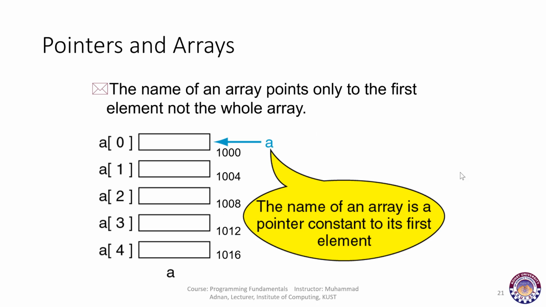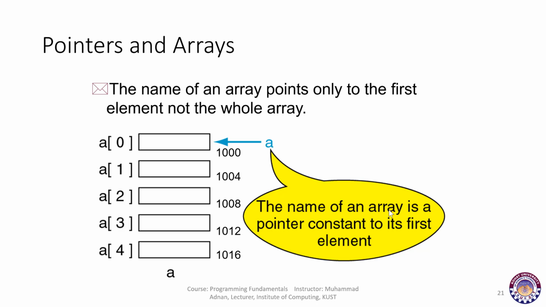It is an important topic where we have to see what is the relationship of pointers and arrays. The name of an array points only to the first element, not to the whole array. If you have an array A, the name of the array is a pointer constant to its first element. What does that mean?